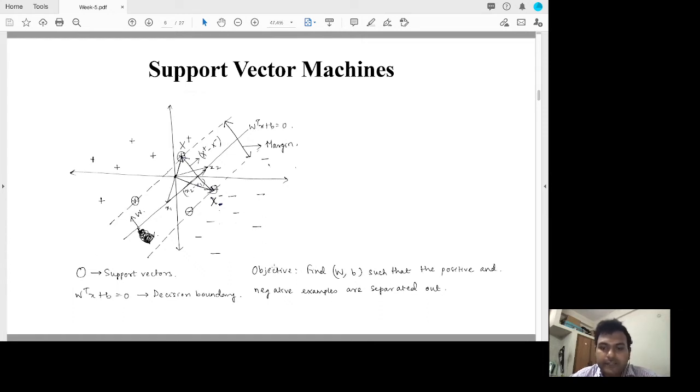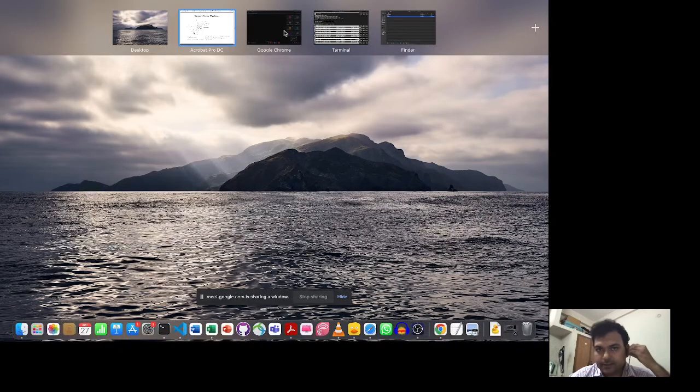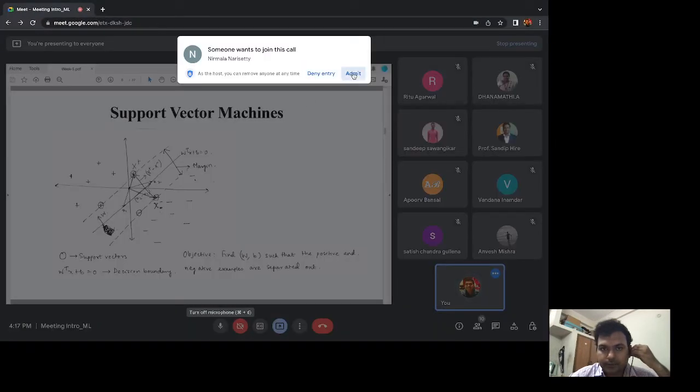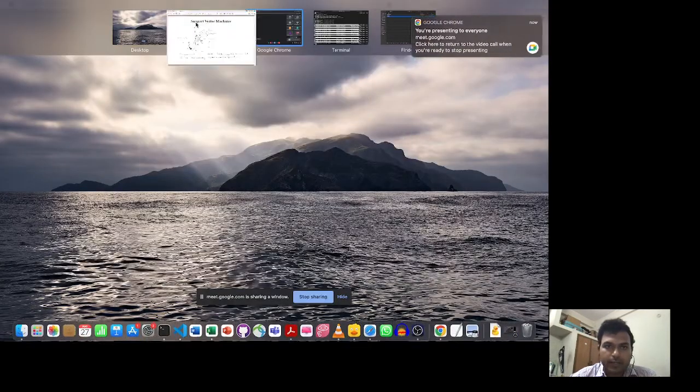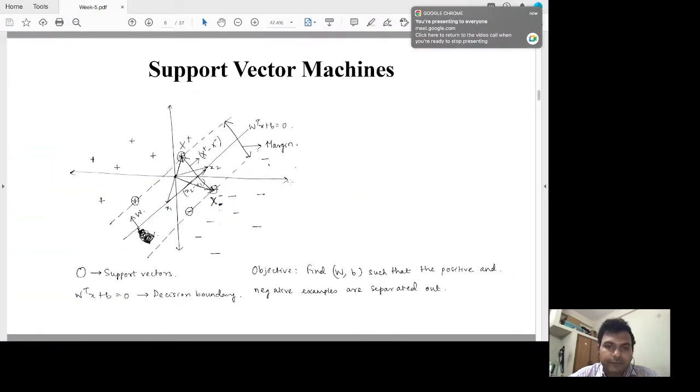So our objective is to find W and b such that the positive and negative examples are separated out as much as possible. How do I know how much the positive and the negative examples are separated out? For that you define what is known as the margin.